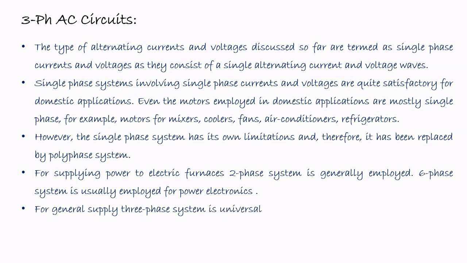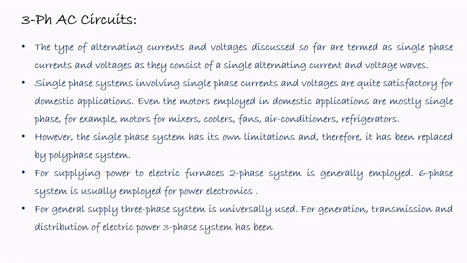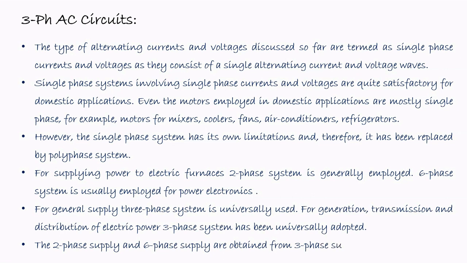For general supply, the three-phase system is universally used for generation, transmission, and distribution of electrical power. The applications of two-phase and six-phase supplies can be obtained from the three-phase supply.